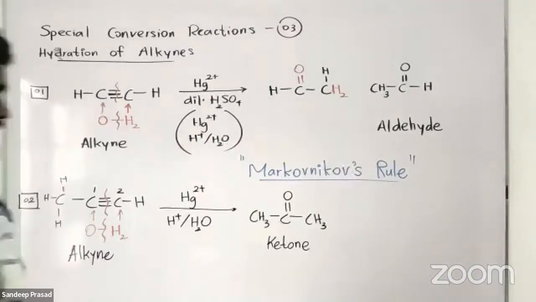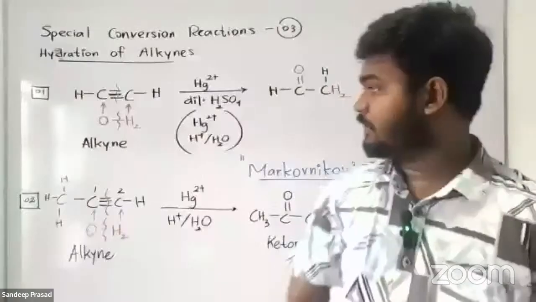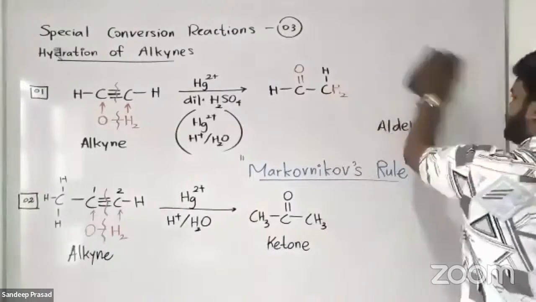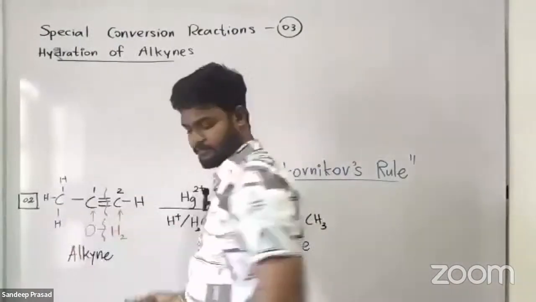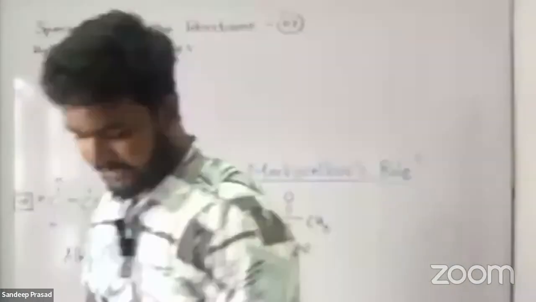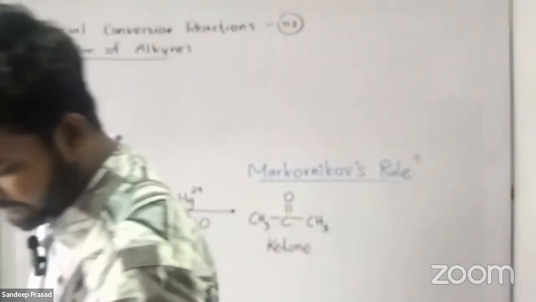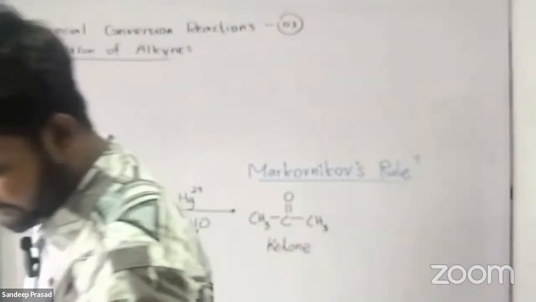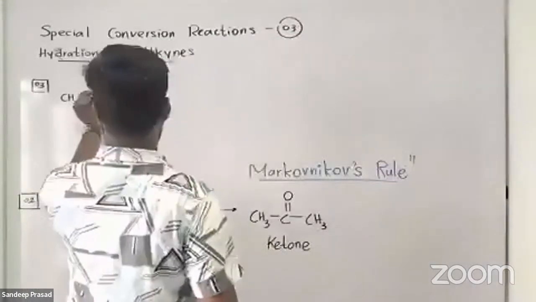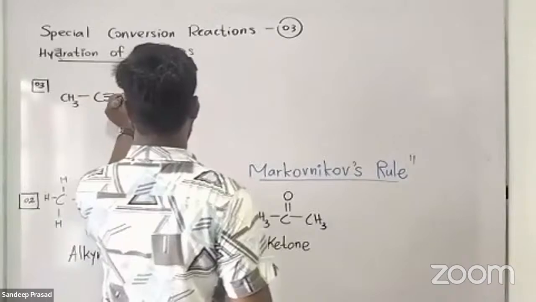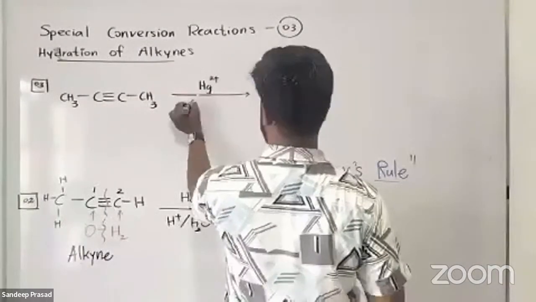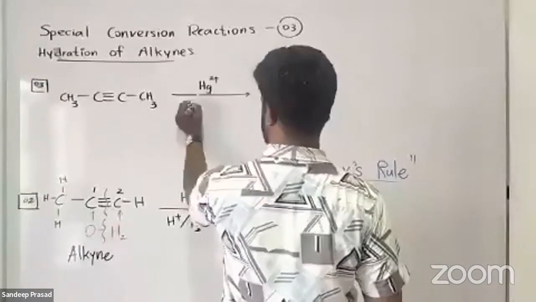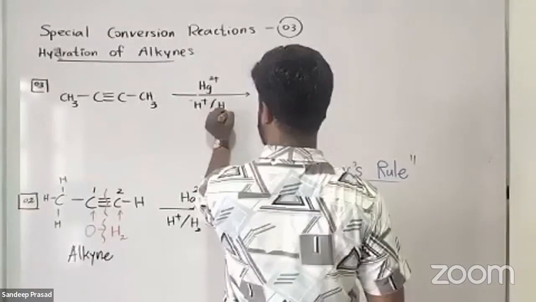Let's go for the third example. Let me take CH3, C triple bond, CH3. We are adding here mercuric cation, H plus, H2O.